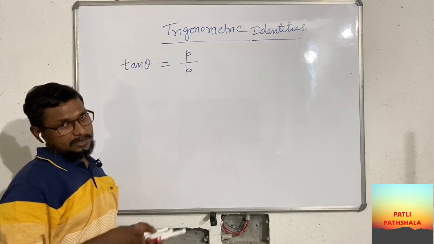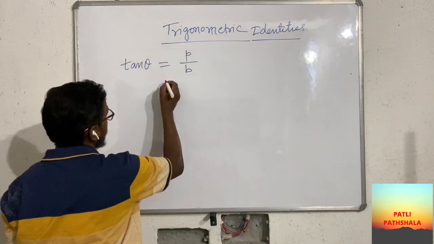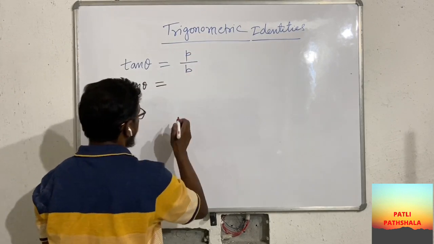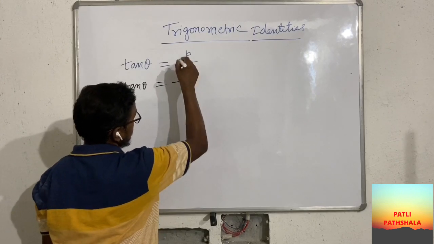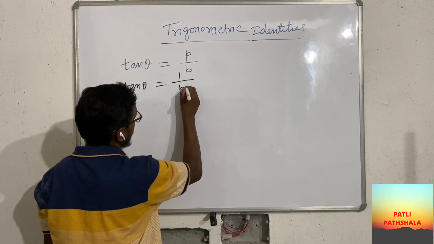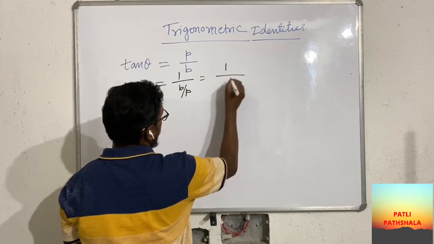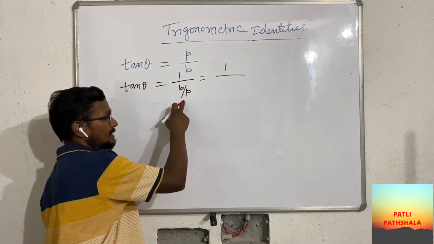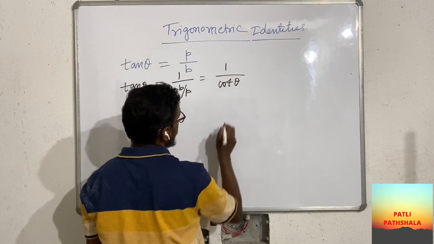We can draw one more relation. Let us try to draw that relation. Tan theta is equal to p by b, and this can be written as 1 by the reciprocal of this fraction, that is b by p. Recall the ratio of base to perpendicular is called cot, so this is cot theta.